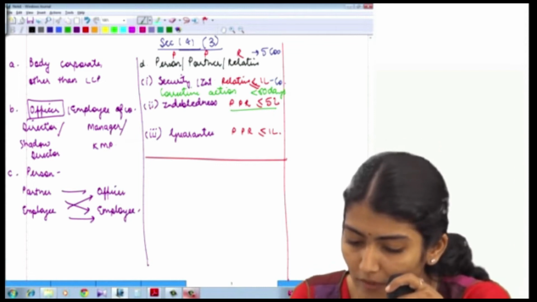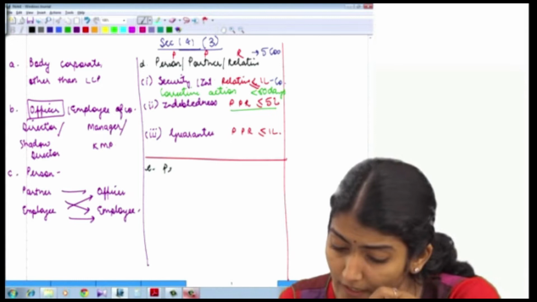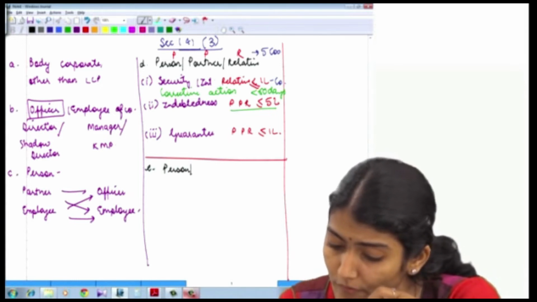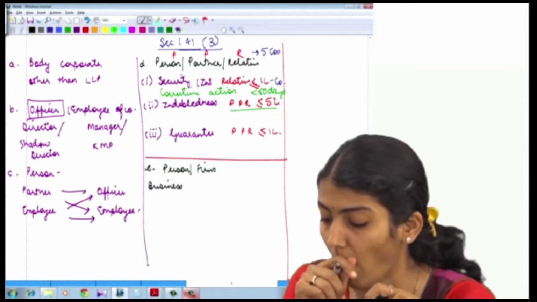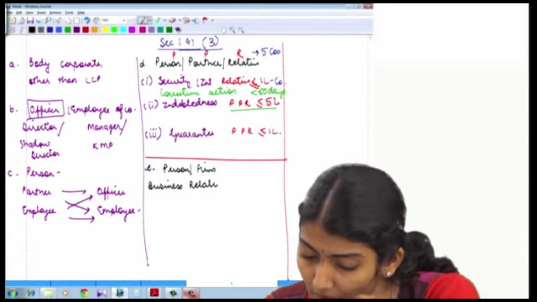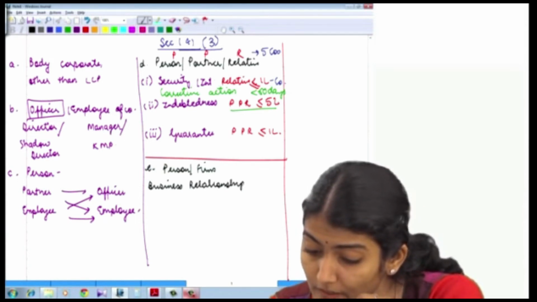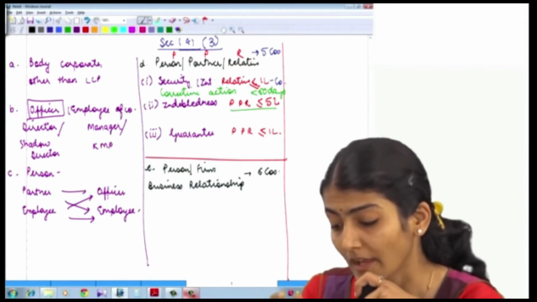Then after that 141(3)(d)(e). What is 141(3)(e)? A person or his firm has any business relationship, now with 6 companies. You understand?